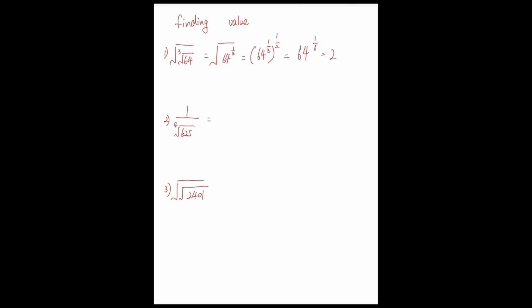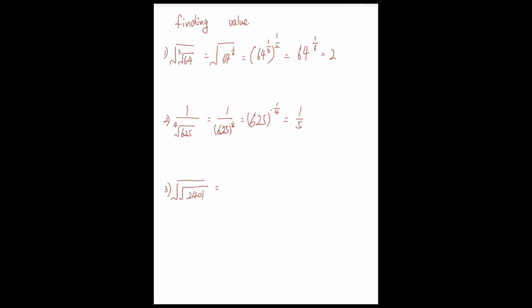And next, number 2, we can rewrite it as 625 to the power of 1/4, and then we can change the positive exponent to the negative, it's 625 to the power of negative 1/4, and it equals 1/5.